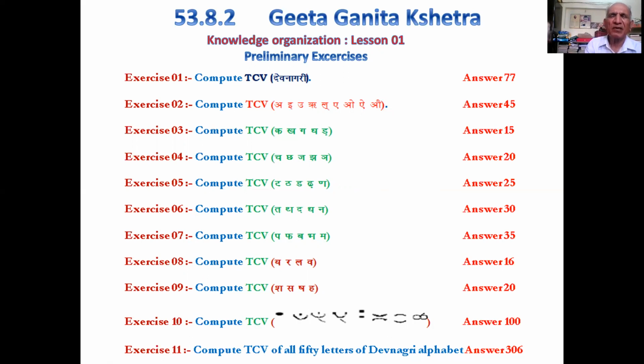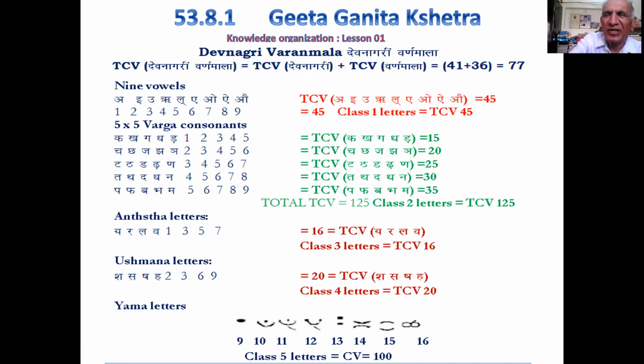See, we have written the answer 77, but this value 77 is just mentioned to indicate whether or not we are in a position to decipher that Devnagari Varnamala has TC value 77, while the formulation Devnagari, as mentioned in screen 1, is going to be 41. So the actual answer is 41.